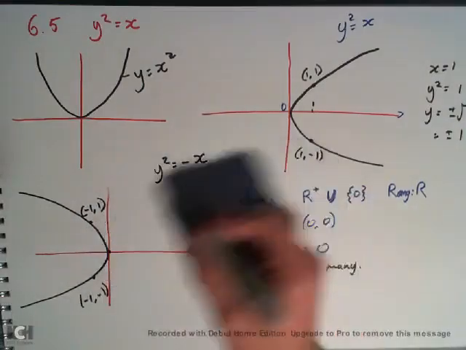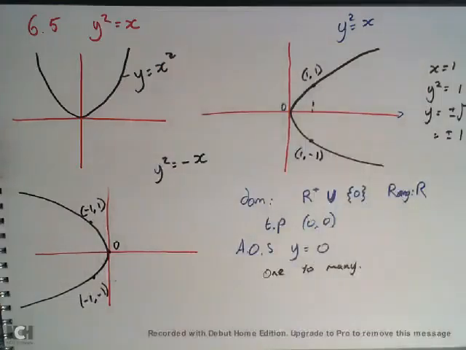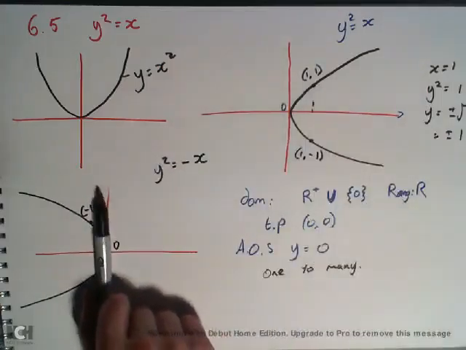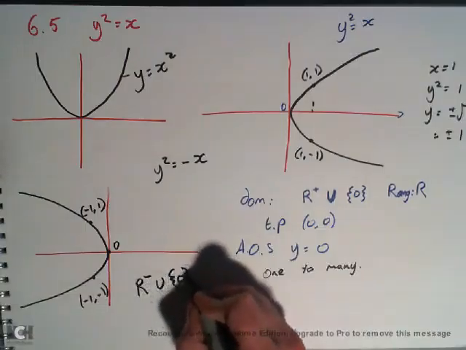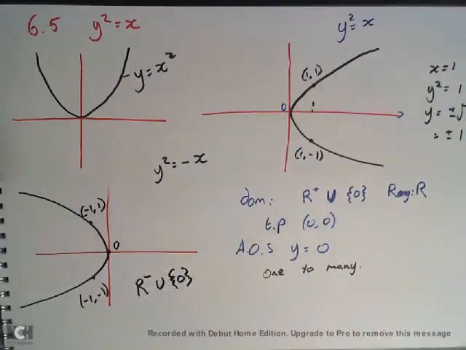Turning point at 0, 0, and our domain, sorry, is going to be all negative real numbers, including 0 again, and the range is going to be all real numbers. So that's y squared equals x.